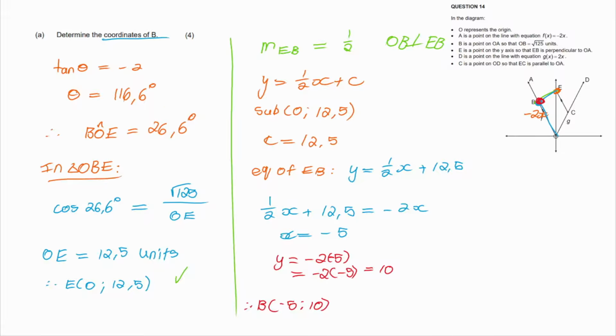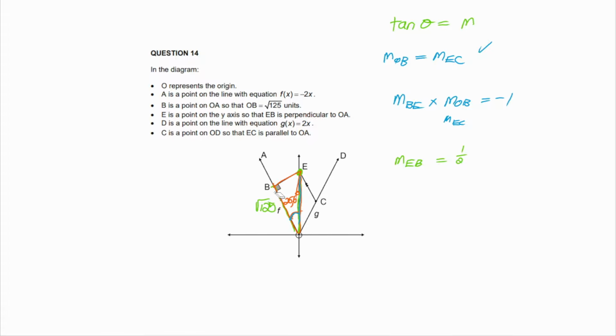Another way, or rather the way the memo did it, is like this. If we move this distance x, then we know that our y is negative 2x. It comes from here.